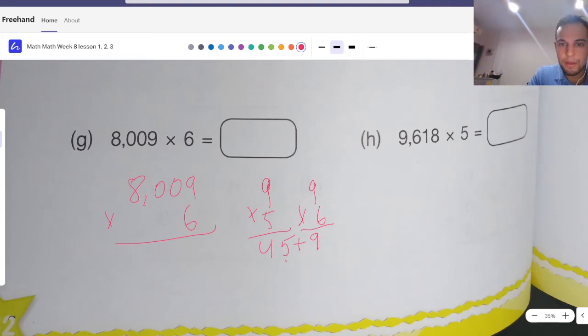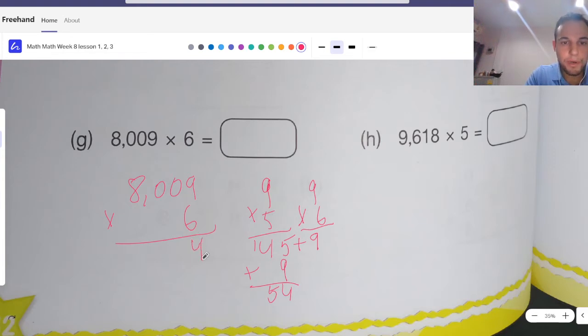So what's 45 plus 9? 9 plus 5 is 14. And 1 plus 4 is 5. So we have 54. Good. If you forgot what 9 times 6 is, you can do it like this.